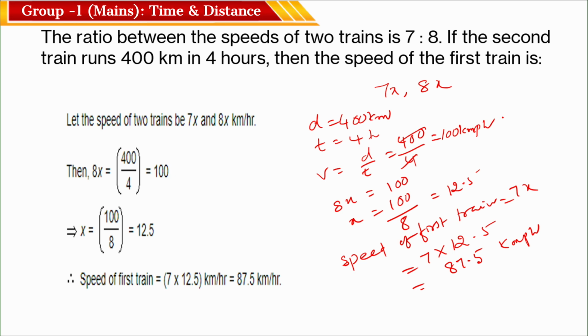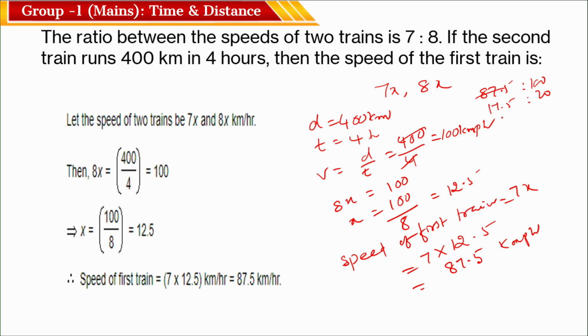You can cross check it also, whether they are in the ratio 7:8 or not. That is simply 87.5 is to 100. You can calculate it also, correct? When you divide with 5, 5 7s are 35, 5 17 85... it is correct.